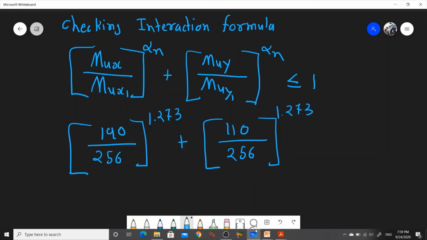By the solution of this, 0.684 plus 0.341, which value is equal to 1.025, which is more than 1.